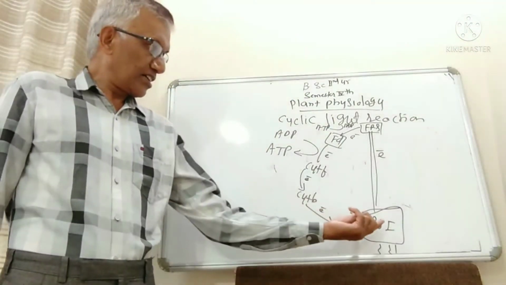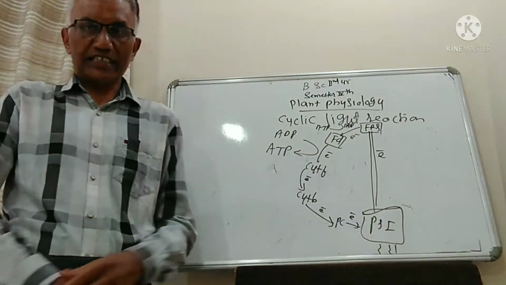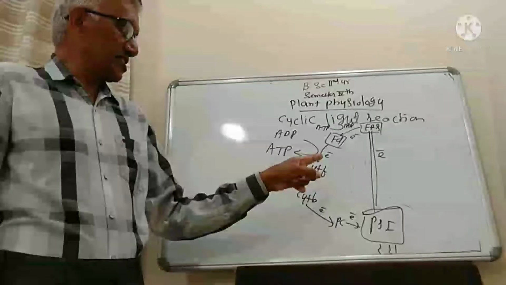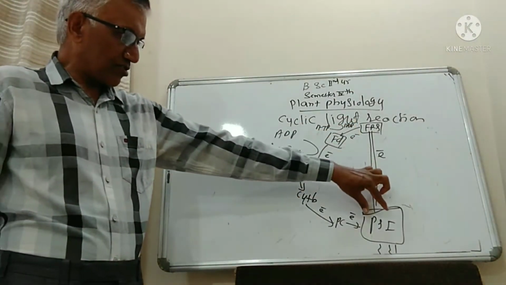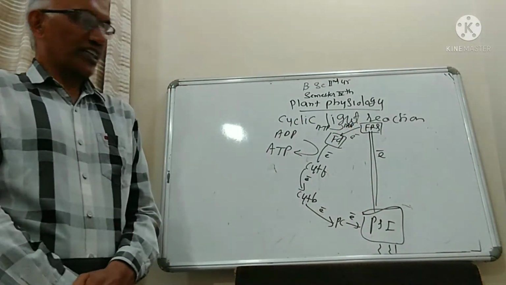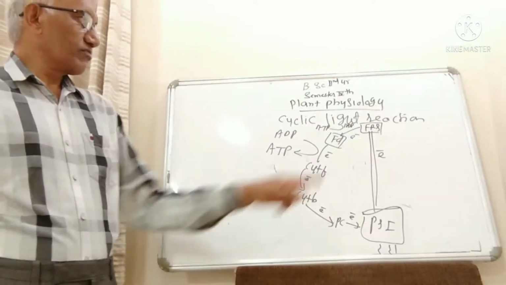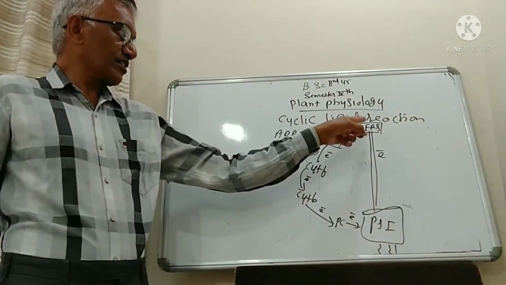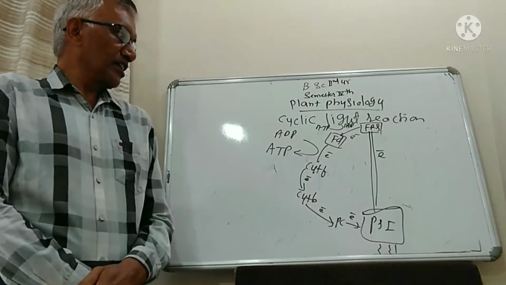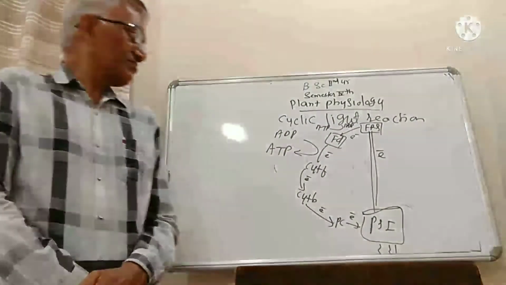So here, diagrammatically, I have drawn the figure stepwise. As soon as the electrons are ejected from pigment system 1, first they go to FRS, ferredoxin reducing substance. Now the electrons from FRS then go to FD, ferredoxin.